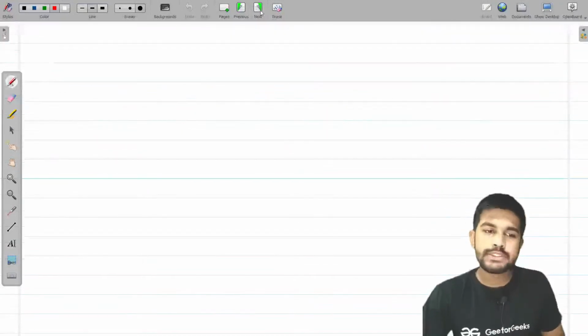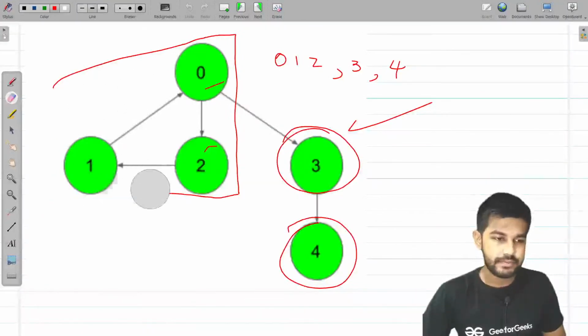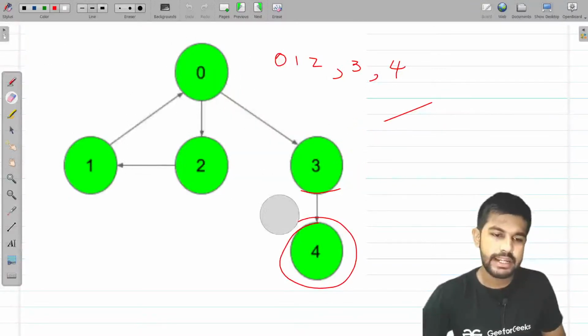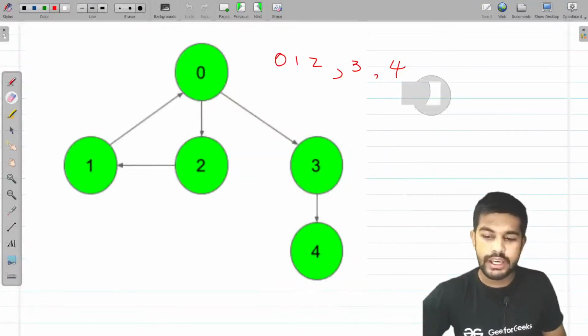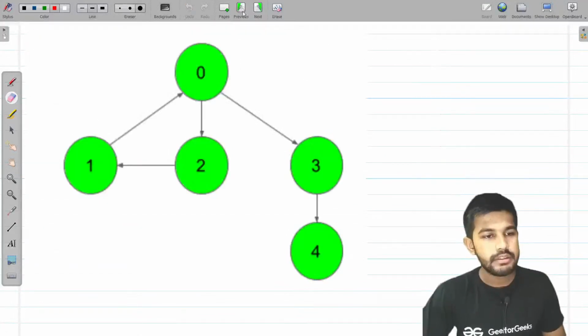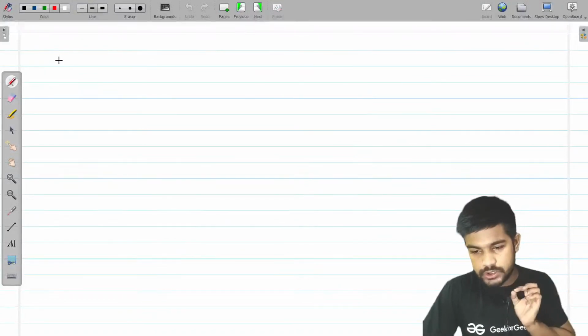What is Kosaraju's algorithm? Okay, so we would delete this. Kosaraju's algorithm is damn simple. If you know DFS, then you can directly do Kosaraju's algorithm. What are the prerequisites of learning Kosaraju's algorithm?